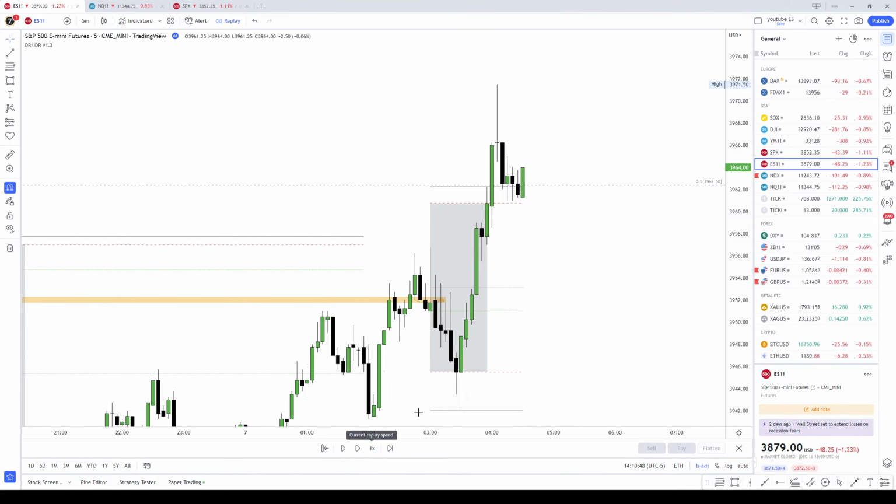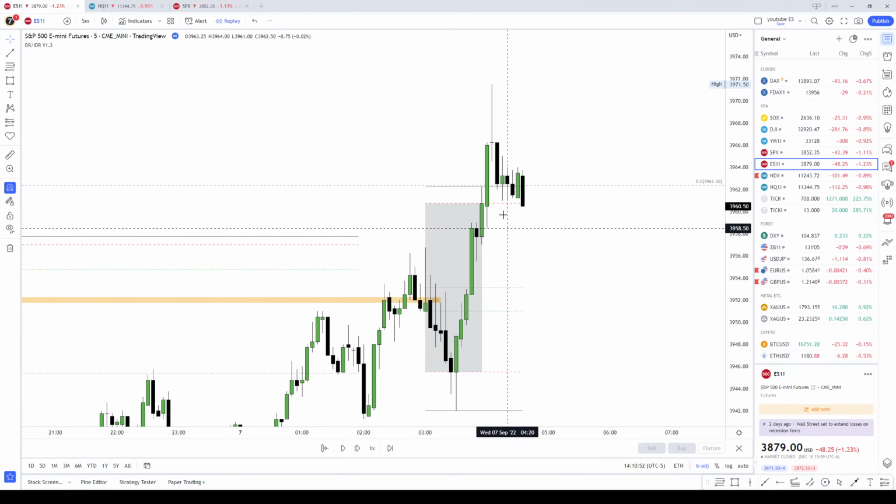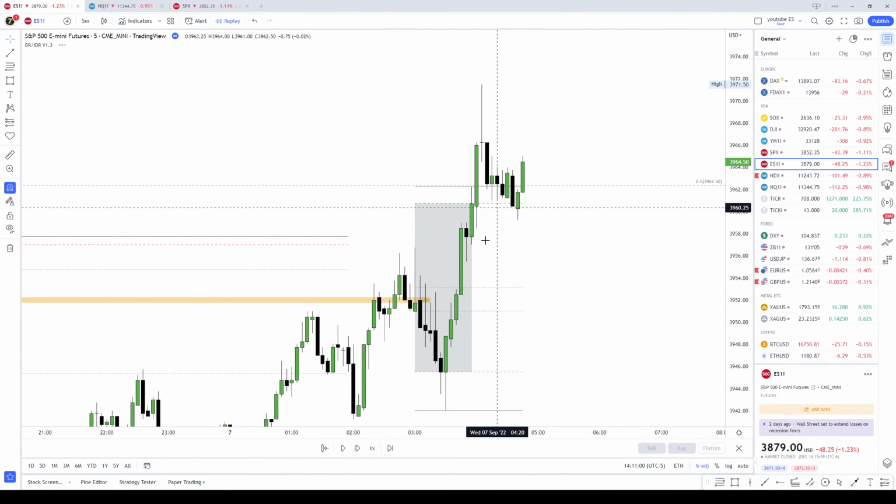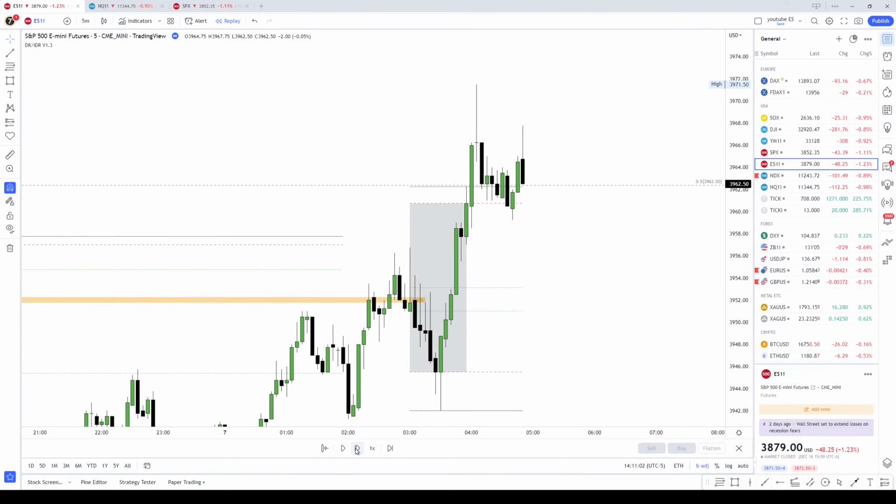Closing below. Going up again. Closing below. Closing below. Going up. Nothing interesting for me right now. It's not clear rejection here. So if you wonder why I'm thinking about this, it's just circling around it.